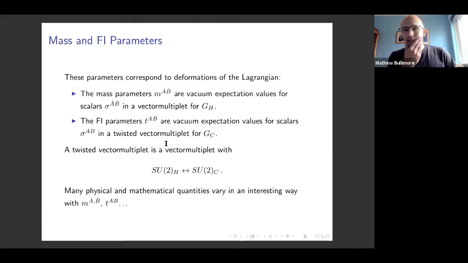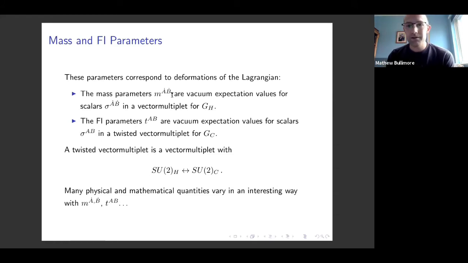Let me just mention that I introduced these abstractly as a central extension of the supersymmetry algebra. But of course, you can get them by adding explicit terms to your Lagrangian that describes the theory. One nice way to do that is to think about coupling to background vector multiplets, non-dynamical vector multiplets for the flavor symmetries, and then turning on expectation values for the scalars in those multiplets.